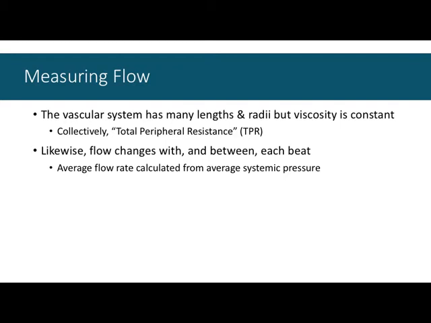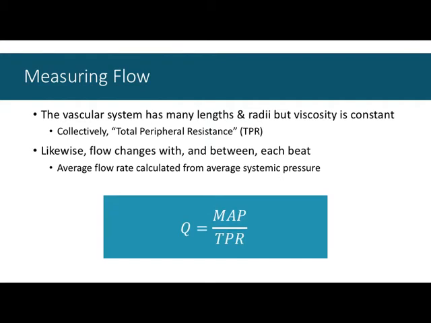Flow would be at its maximum as we're ejecting blood, and its minimum right before the next beat. Flow will oscillate, just like pressure will oscillate. Systolic pressure is higher, diastolic pressure is lower. So we need to acknowledge that, but if we can figure out what the average flow of the heart is and the average pressure in the vasculature is, we can figure out what the net resistance must be.